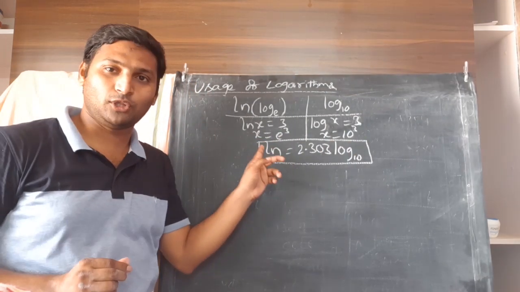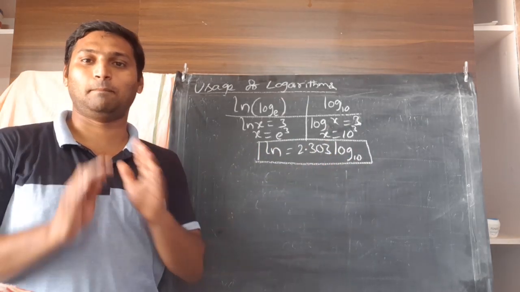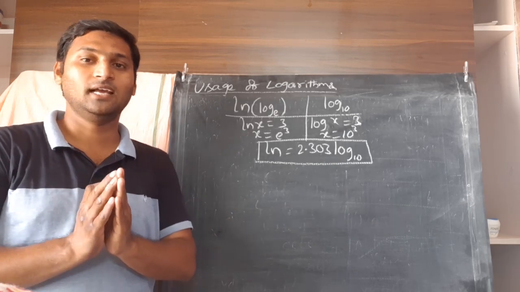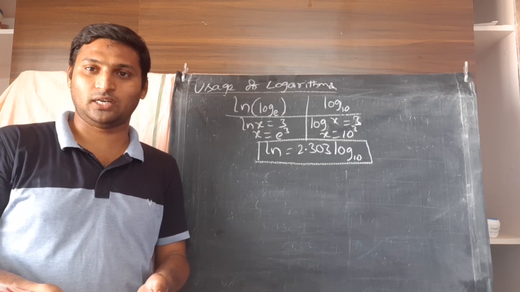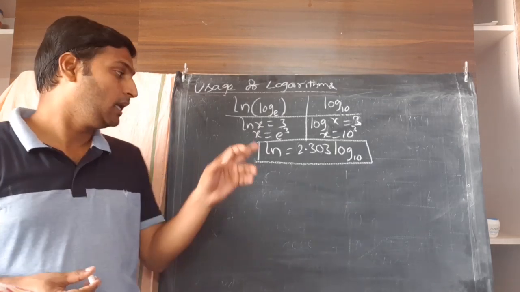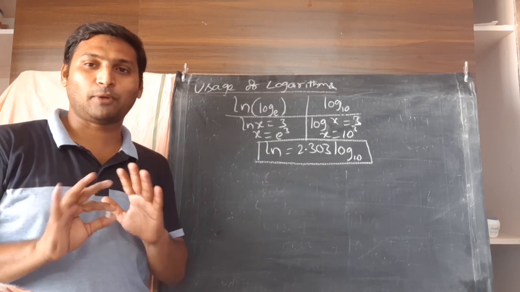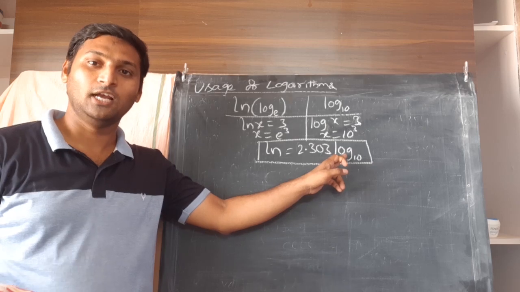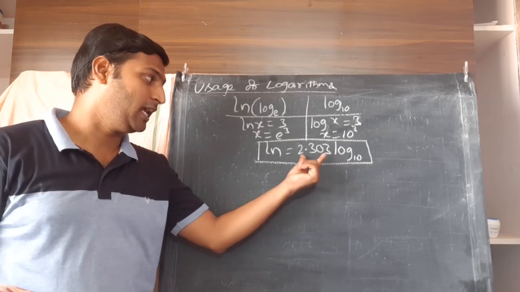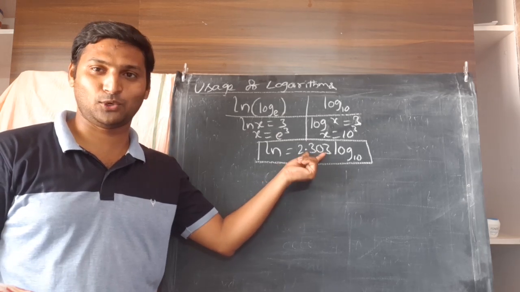Please understand, whenever in any formula, which happens in a few chapters in chemistry, natural logarithm is used, we can't process natural logarithm, so we have to convert it to log to the base 10. To convert it into log to the base 10, you have to multiply by a constant, 2.303.